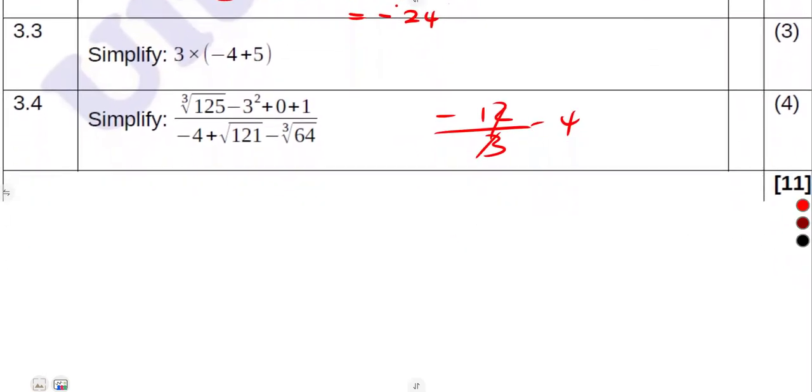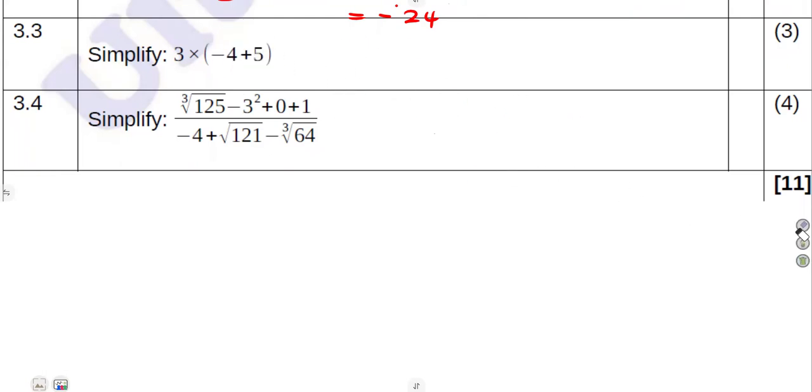All right, 3 times, there's a bracket. So according to BODMAS, we might get rid of the brackets. So this is 3 times negative 4 plus 5. It is the same as 5 minus 4. So that's a 1. 3 times 1, that's a 3. You can just work it that way, or you can distribute.